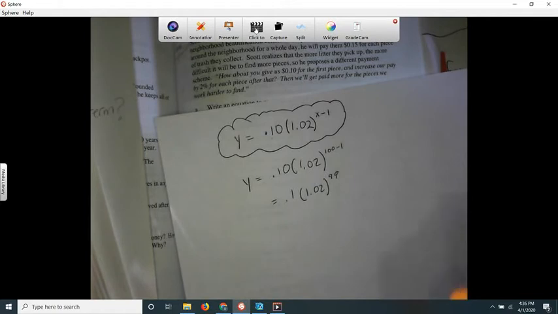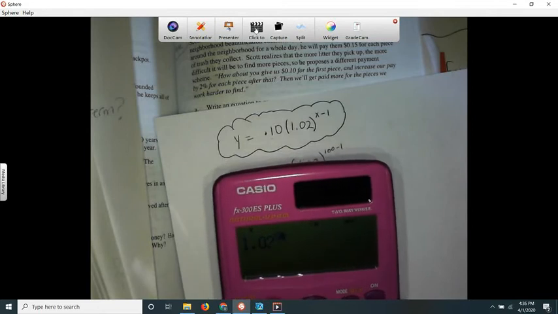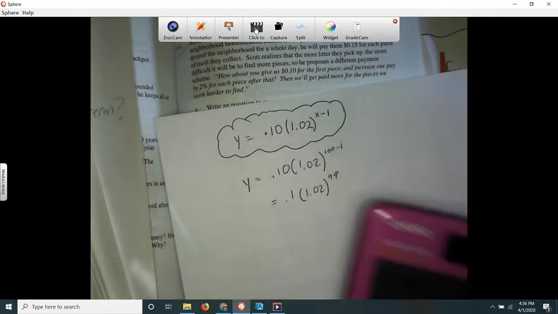I hope it works. Let's see. You go 1.02 raised to the 99th. Where's my 99th? And then times it by, oh, I did push the wrong button.